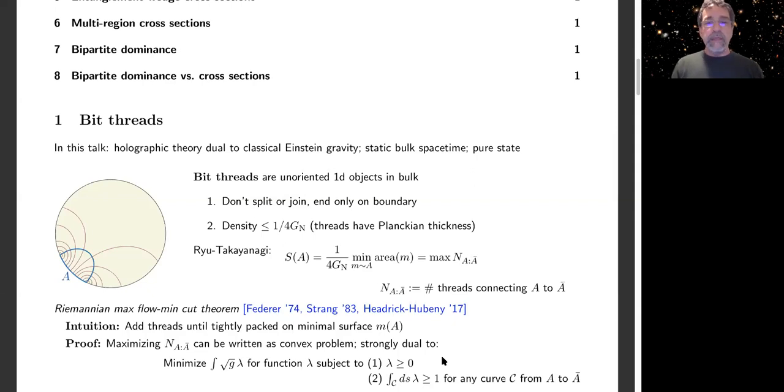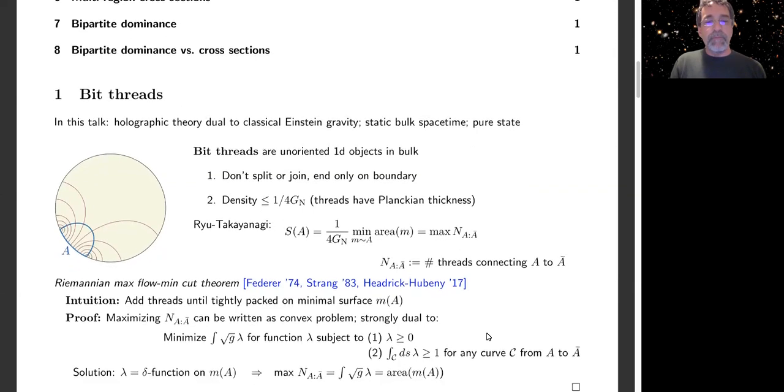Okay, and then if you think about the solution to that problem, obviously, if you're trying to minimize the total amount of lambda, you're going to put all your resources just on the minimal surface. So that's the solution.